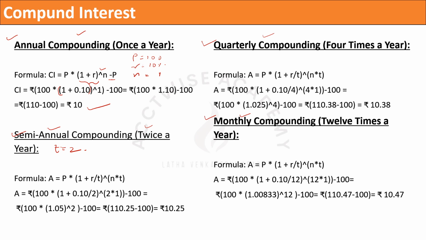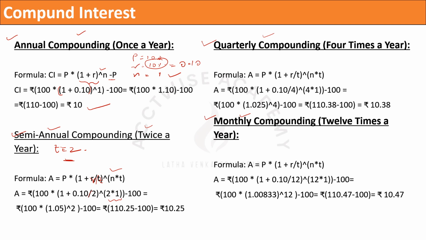What we have to do with T is divide R by T and multiply n by T. R here is 0.1, that is 10%. T is 2, so R by T is 0.1 divided by 2. N here is 1, so the power is 2 into 1. Then minus 100.